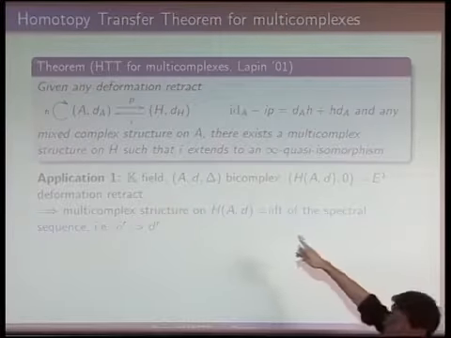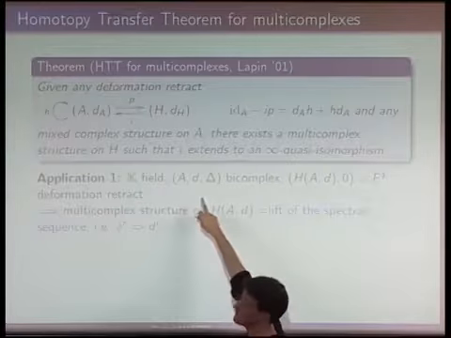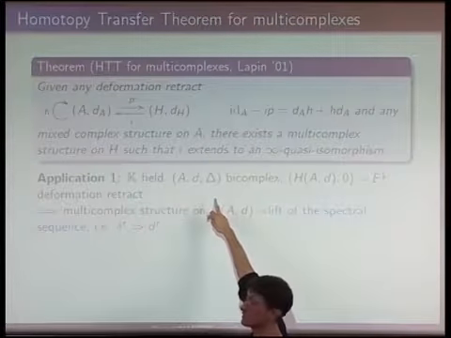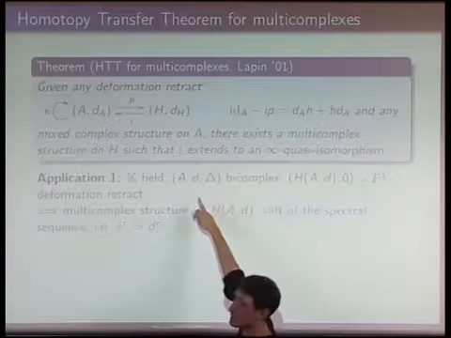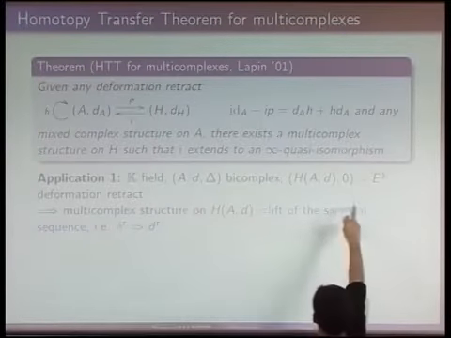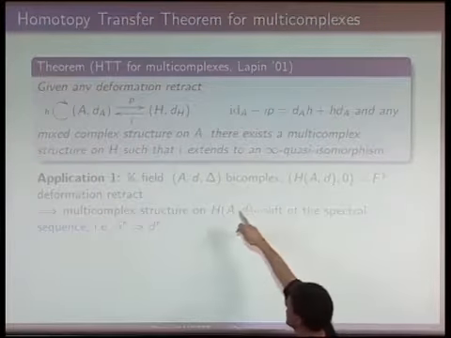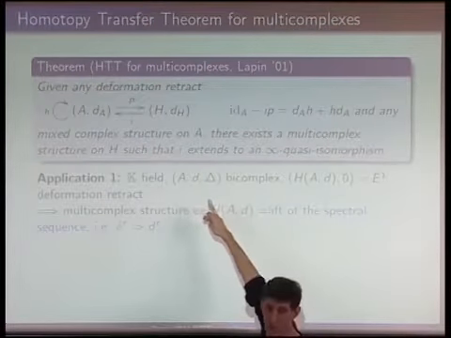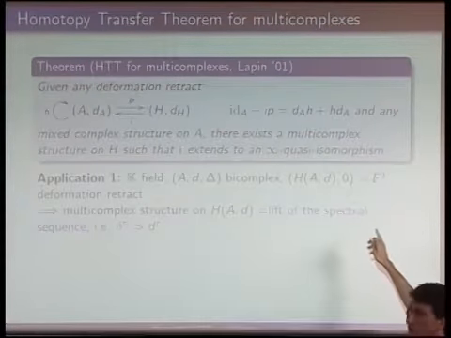If you think of a bicomplex, this is exactly the structure I had at the beginning: a graded space, a differential, and another operator which squares to 0. Let me take H to be the homology with respect to the first differential. That's the E1 page of something. And on this E1 page, we have the transferred delta, and then we have higher ones. We've seen that before. This is exactly a spectral sequence.